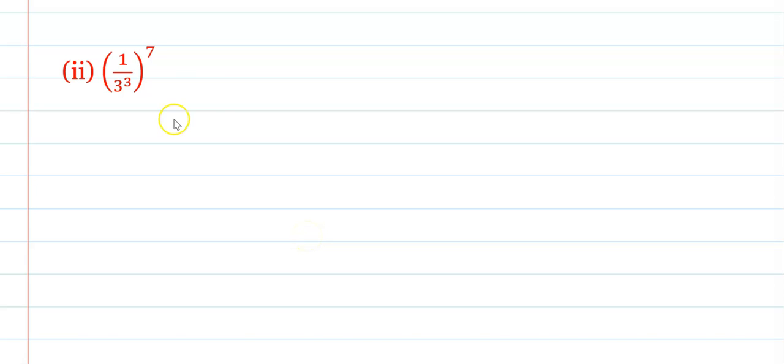Next example. 1 upon 3 raised to 3 and the whole bracket raised to 7. Again, the power to the power multiplication.